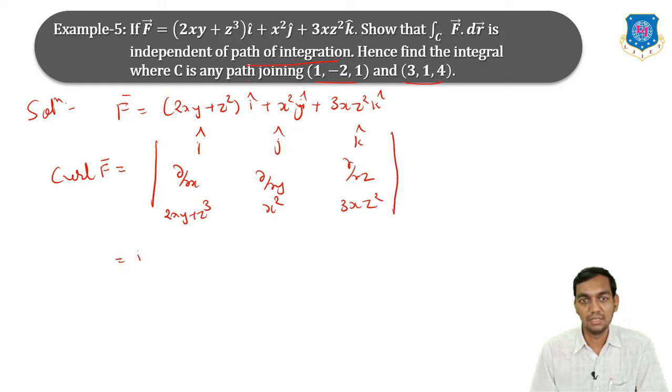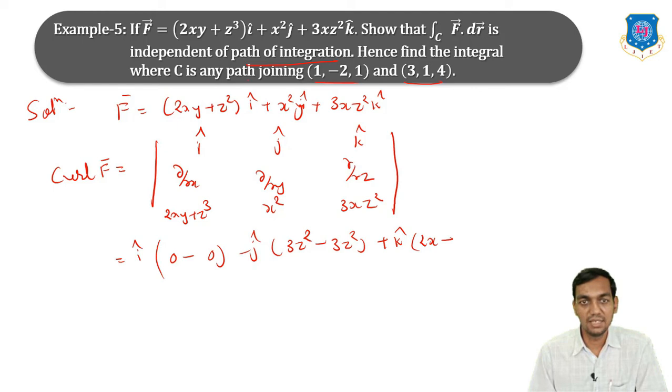Okay, and that will give i into derivative with respect to y of 3xz square, that is 0, minus derivative with respect to z of x square, 0. Same as j into derivative with respect to x of 3xz square, 3z square, minus derivative with respect to z of 2xy plus z cube, 3z square, plus k into derivative with respect to x of x square, 2x, minus derivative with respect to y of 2xy plus z cube, that will be again 2x.